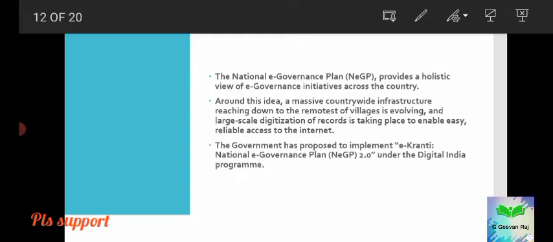The government has proposed to implement e-Kranti, National E-Governance Plan 2.0, under the Digital India program.